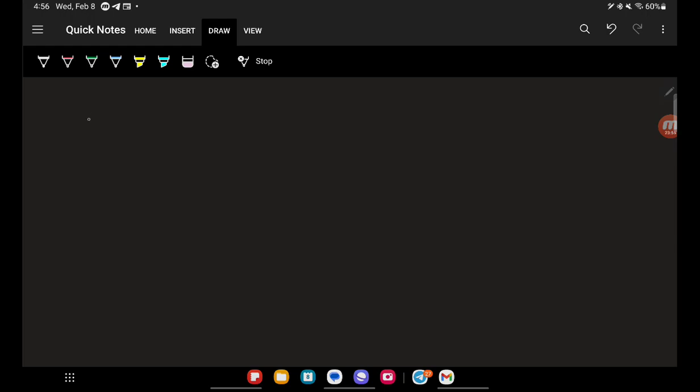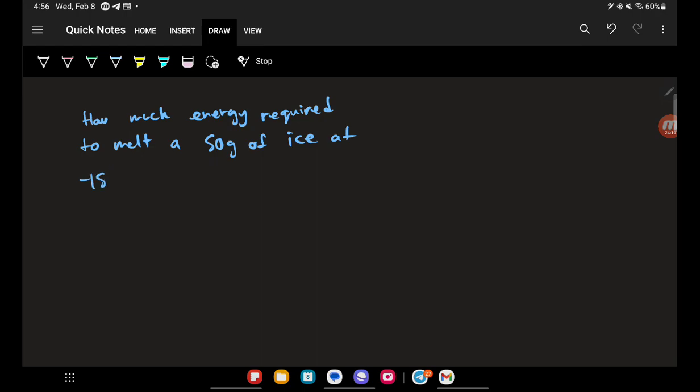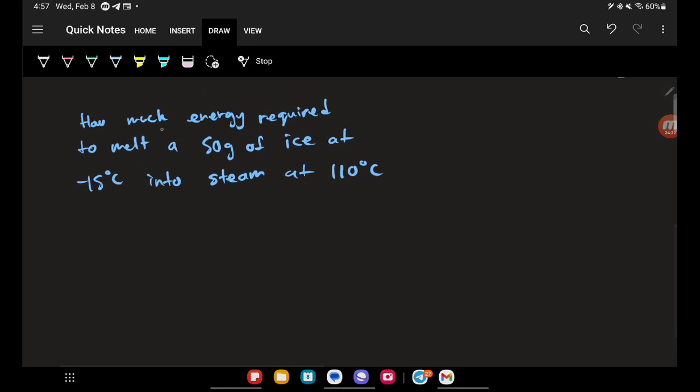The question is something like this: how much energy is required to melt a 15 gram of ice at negative 15 degrees Celsius into steam at 110 degrees Celsius. Okay, so if you look at it, it is how much energy.